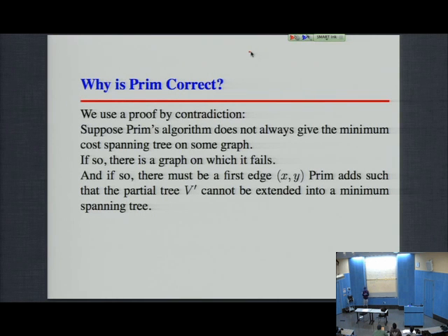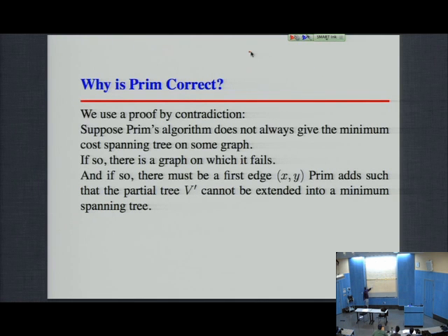So if your algorithm is going to tell me that there is a counterexample, I'll say, show me the graph. Here is the graph where Prim's goes wrong. And let's think what Prim's is going to do. Prim's is going to start from some vertex. You can tell me where I want to start. And it's going to start adding the cheapest edge, the cheapest edge, the cheapest edge.